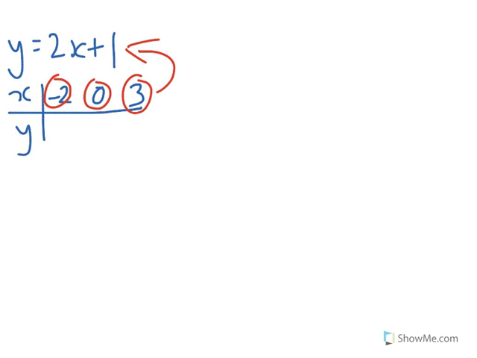So instead of the x here, we're substituting in -2. So basically you're doing 2 times -2, that's the 2x bit, and then you're adding 1. So 2 times -2 is -4, and then add 1, you get -3.